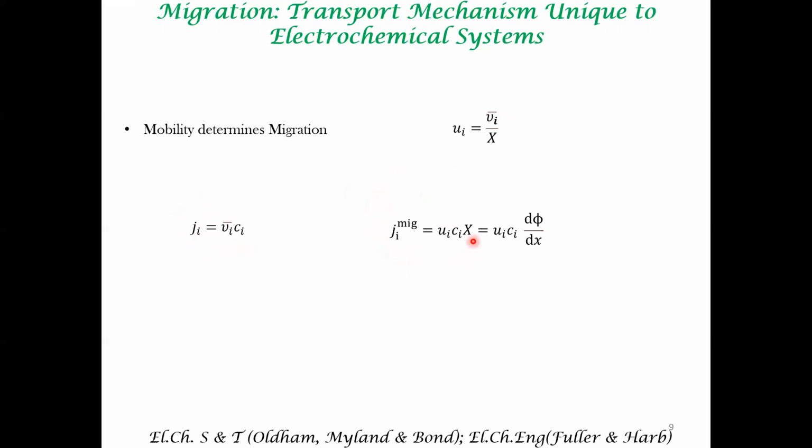Electric field is given by the gradient of potential in the electrolyte. So putting this equation along with this equation gives me the migratory flux of ions in the electrolyte. The electric field is defined using the potential gradient that exists in the electrolyte. All these transport mechanisms are of relevance to ion transport in the electrolyte.